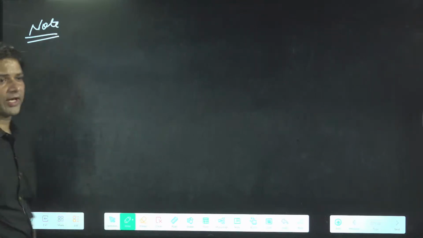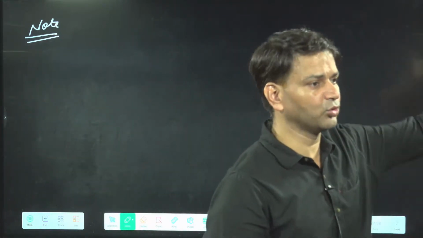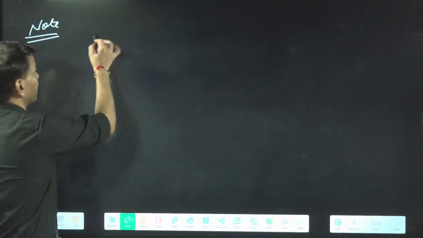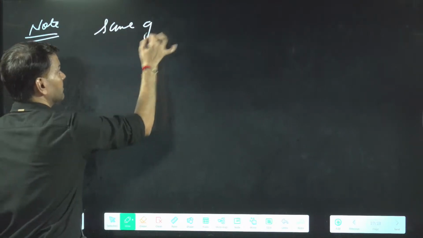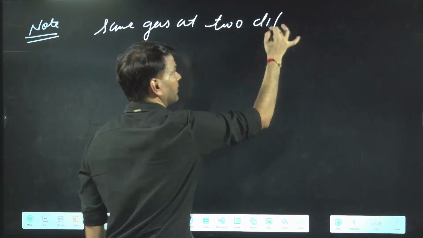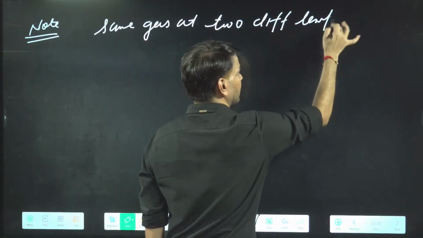So the formula we have is under root 3RT by M. For different conditions, we use proportionality. Suppose I am saying the same gas at two different temperatures.